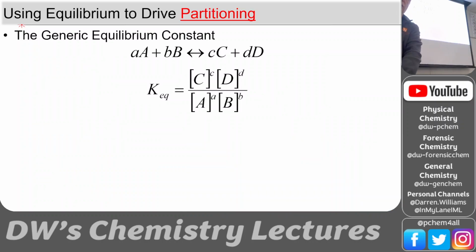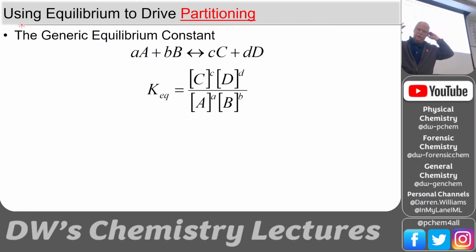So let's relearn our generic equilibrium constant. If we have this reaction, A plus B gives C plus D, and we have the number of moles out front, the little letters, then we have the equilibrium constant. And the number of moles becomes the exponent. And so we have products over reactants.